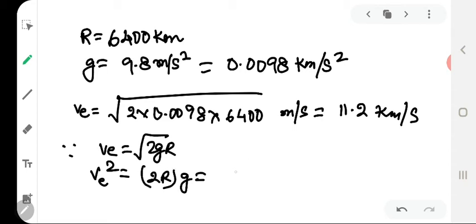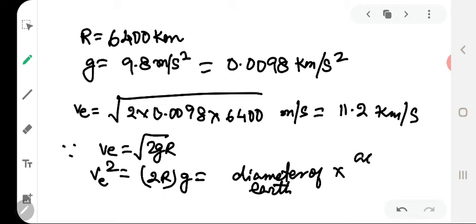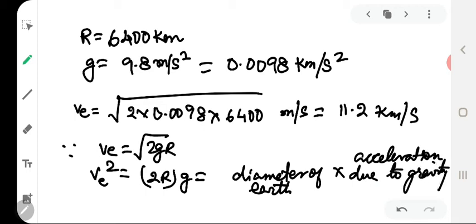So that will be equal to diameter of Earth multiplied by acceleration due to gravity. Therefore, square of the escape velocity is equal to the product of the diameter of the Earth and the value of acceleration due to gravity at the surface of the Earth.